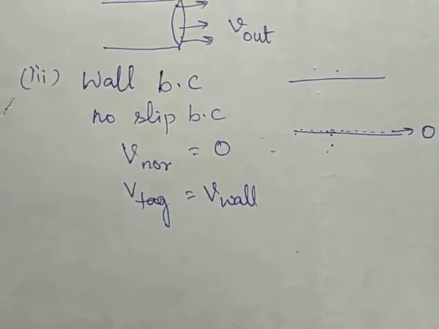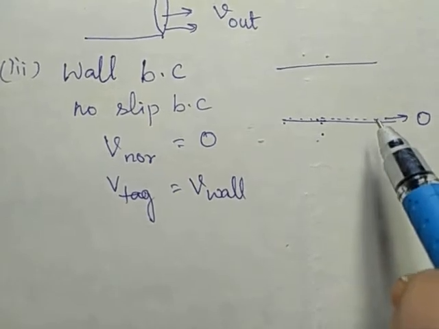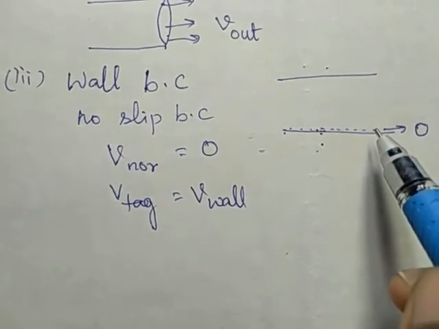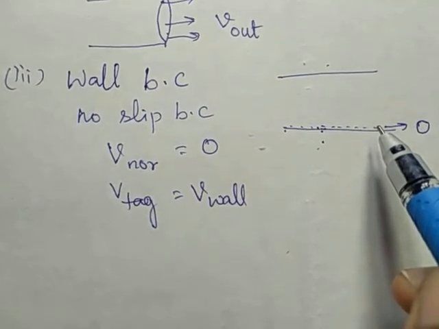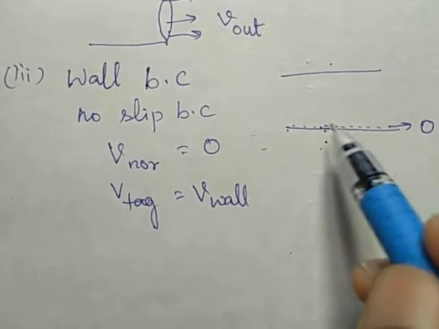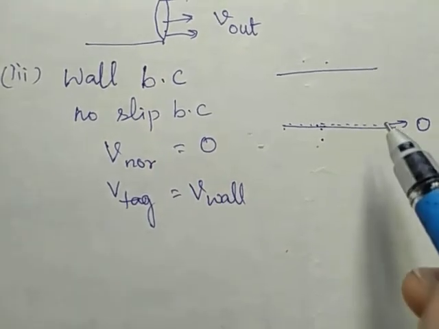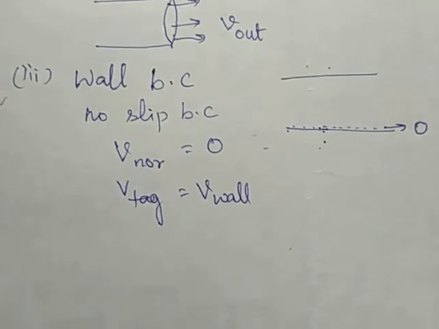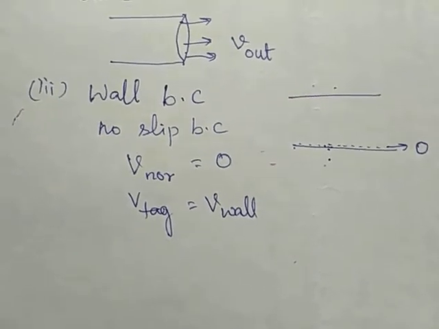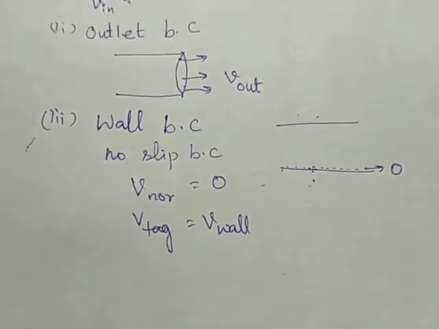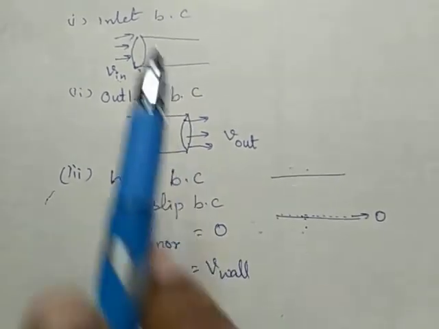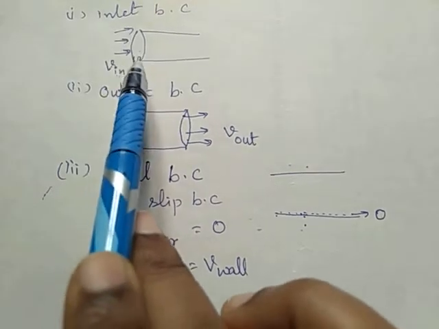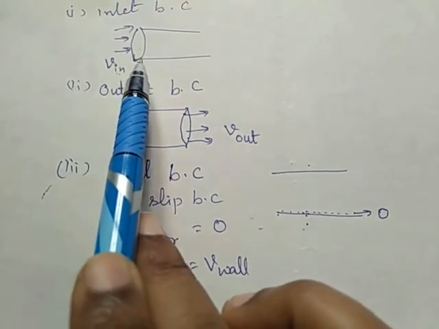Also, if the velocity of the fluid and the boundary are the same, it is referred to as slip boundary condition. So there are three main types of boundary condition. One is inlet boundary condition: if we define the flow velocity at the inlet, it is known as inlet boundary condition.